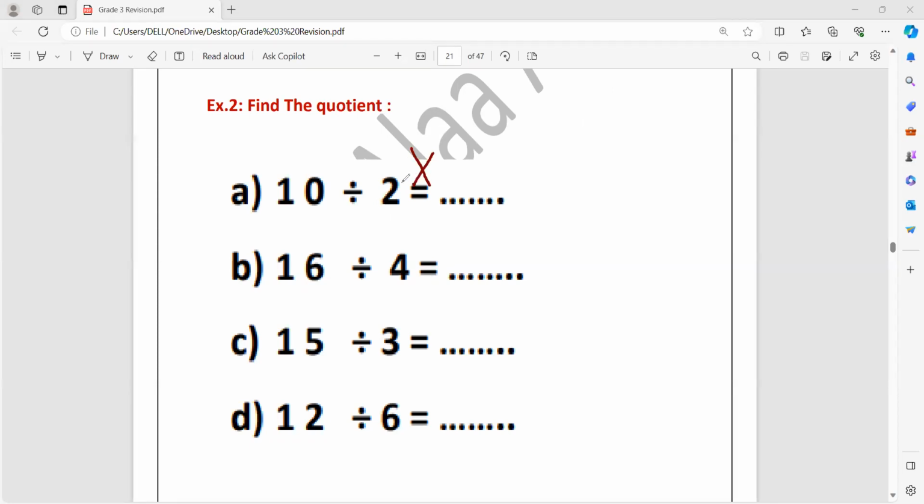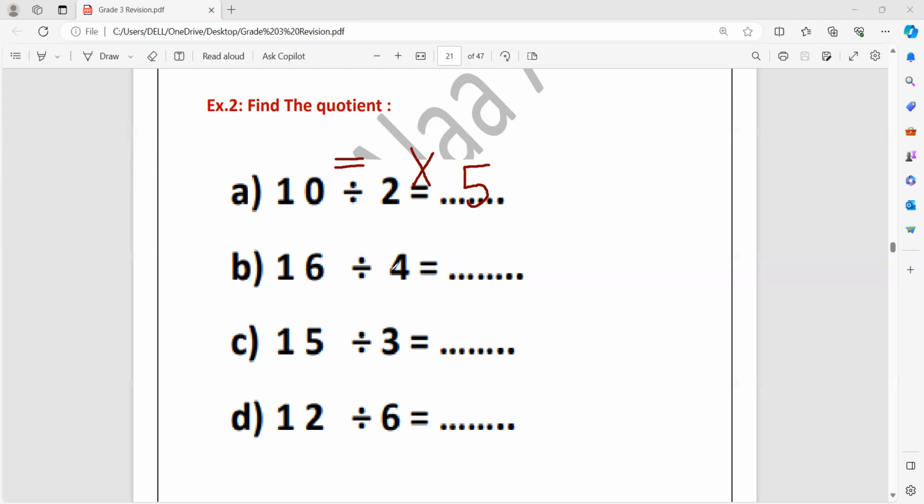Then start to say 2 times what will be 10. In timetable 2, what gives me 10? So say timetable 2 until you reach 10. 2, 4, 6, 8, 10. So you have now 5 fingers. So it means that 2 times 5 equals 10. So 10 divided by 2 equals 5.